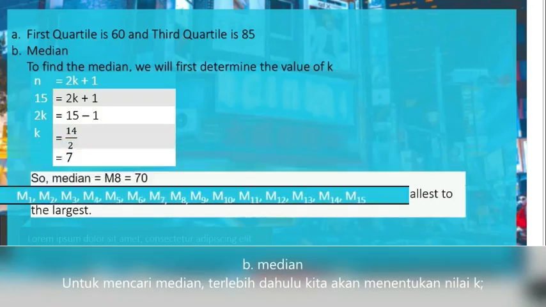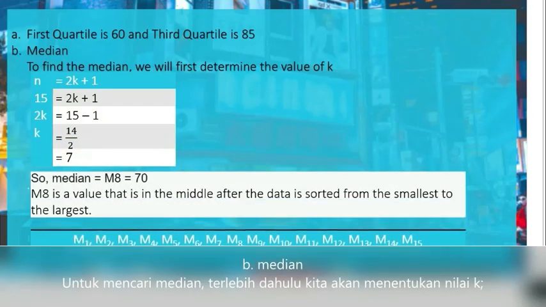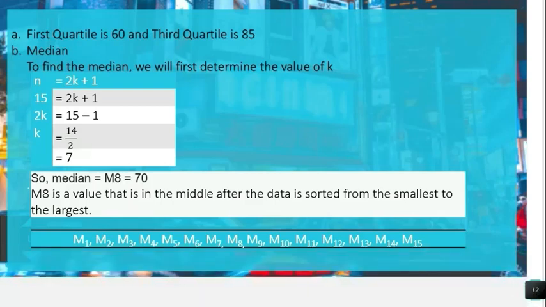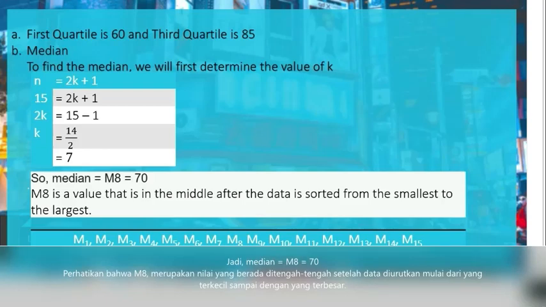B, median. To find the median, we first determine the value of k. N equals 2k plus 1, 15 equals 2k plus 1, 2k equals 15 minus 1, and k equals 14 divided by 2 equals 7. So the median is the 7th value.